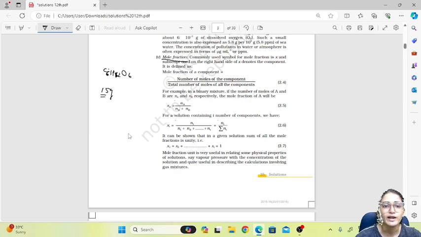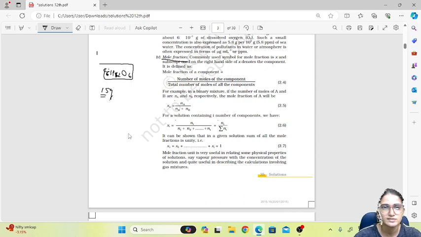Then how do we find the number of moles of glucose? There is one formula. We have the given mass, and we have another mass of this glucose that is called the molar mass, which we can find using the formula. For C6H12O6, I have to take the mass of carbon, hydrogen and oxygen, and multiply with the respective number.